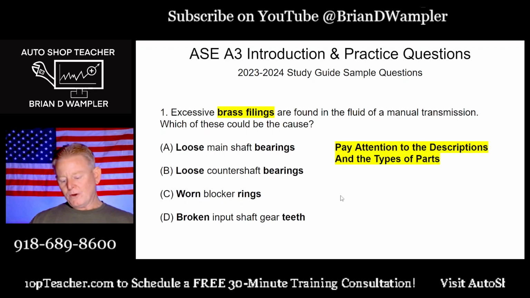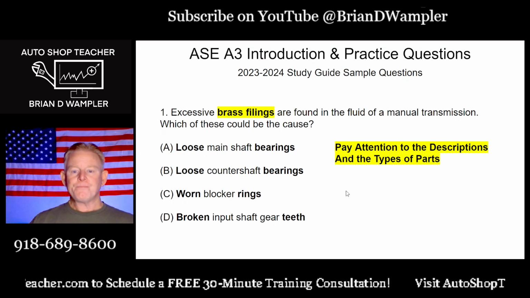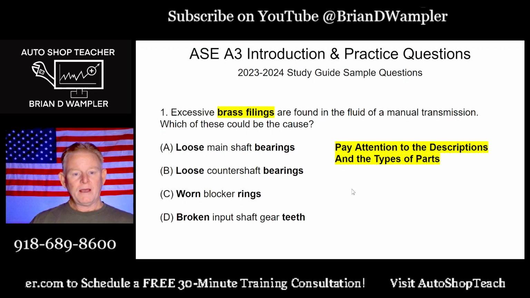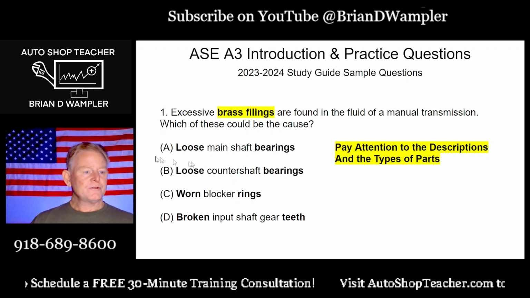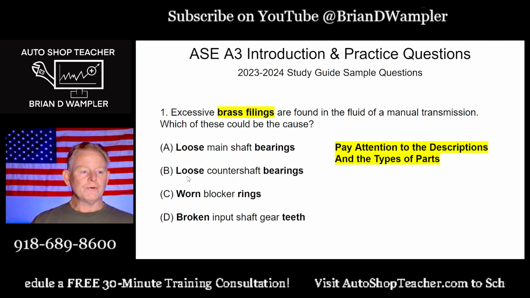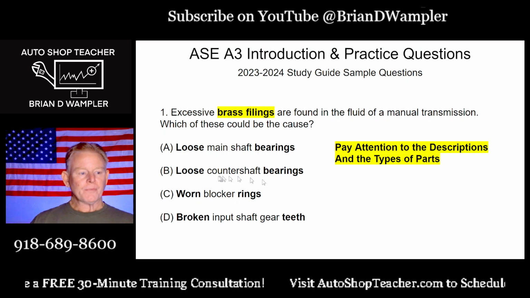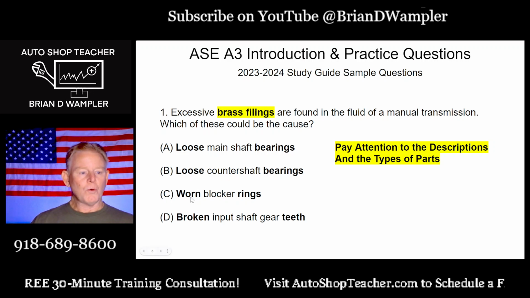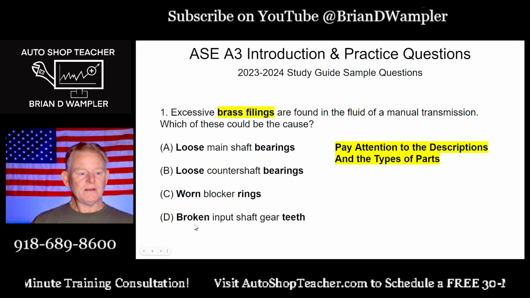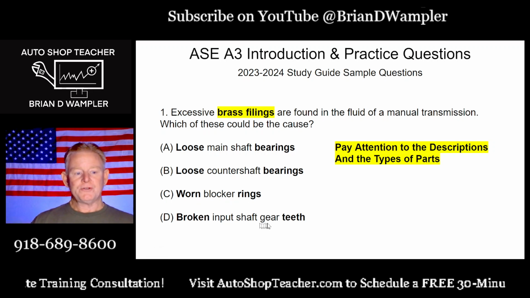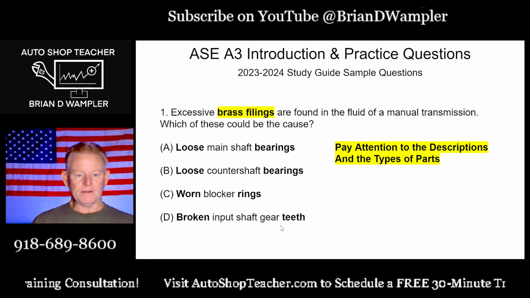And then we also want to pay particular attention to the descriptions and the types of parts. You can see answers A and B are both loose bearings. Answer C is worn blocker rings. And D is broken input shaft gear teeth.